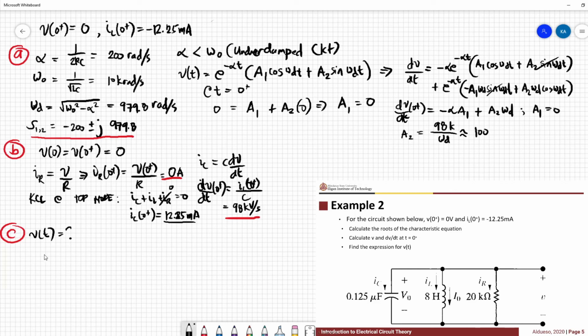So we have our v of t equal to 100 e to the negative 200t sine of 979.8t. So this is v of t in volts.